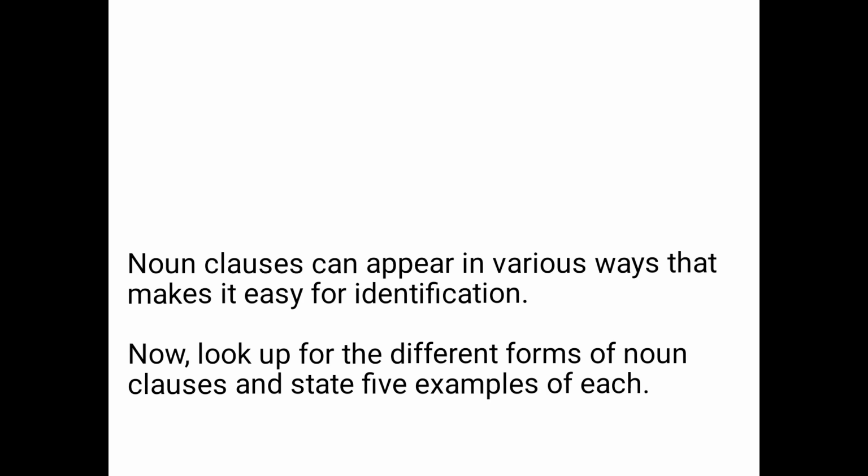Remember, in types of sentences, WH words are interrogative words. Why are you here? What did you do? Where did you go? But when it comes to the noun clause, WH words introduce the noun clause. So that's an example. I've given you one example. So find out the remaining and give me 5 sentences for each of them.